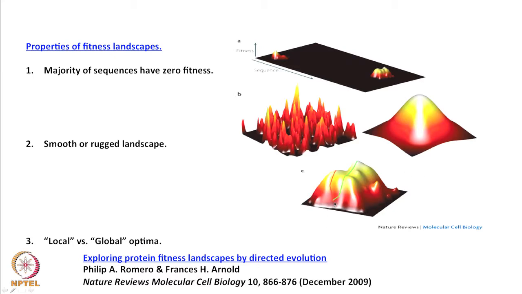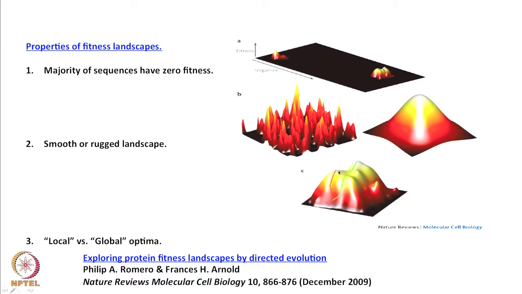So this is your starting genotype. Now, because mutations are random, you could have the first mutation take place in this direction, or you could have the first mutation take place in this direction. If the first mutation was in this direction, then you eventually reach this peak via consequent acquisition of beneficial mutations, and once you reach here, you stay on this peak because this is now a local optimum.